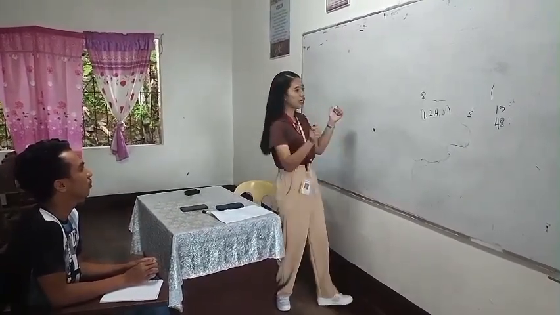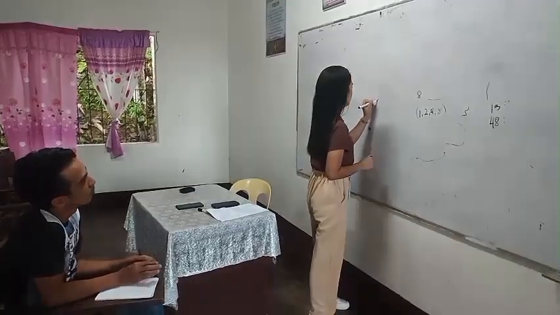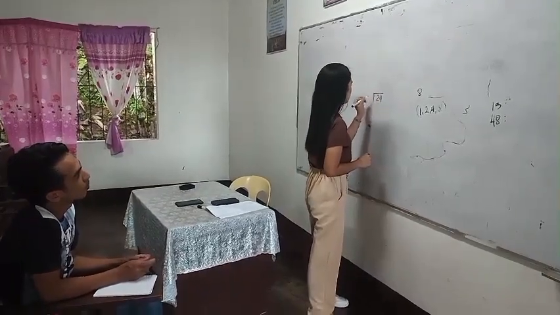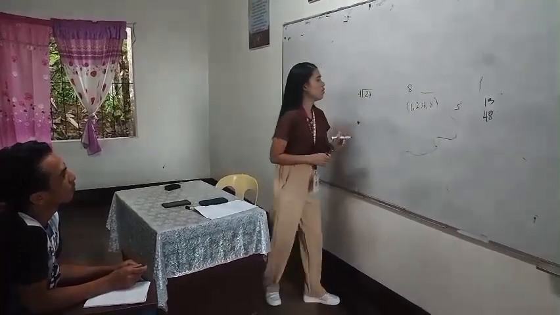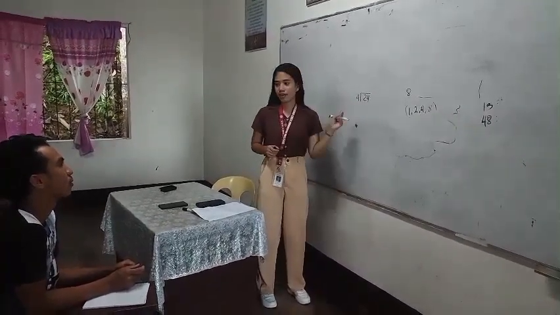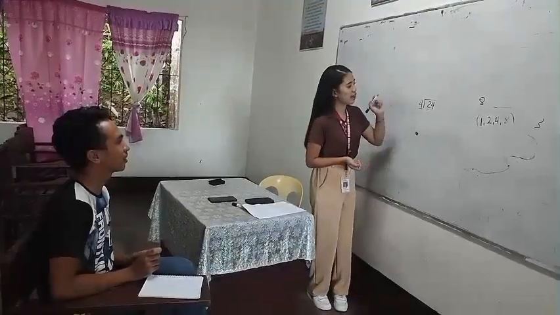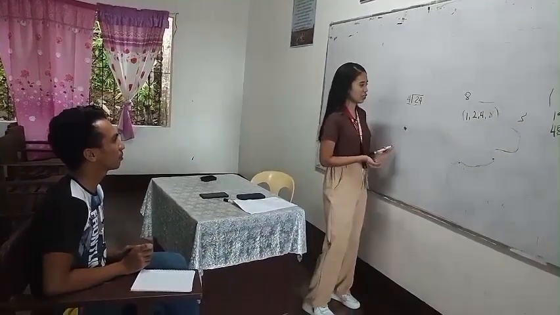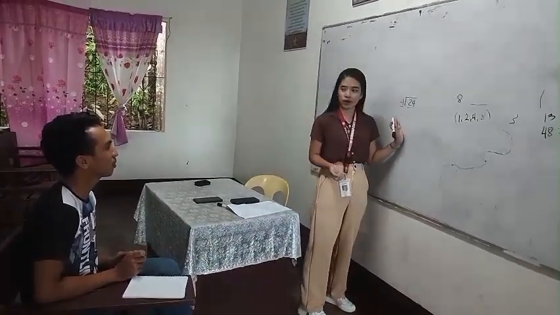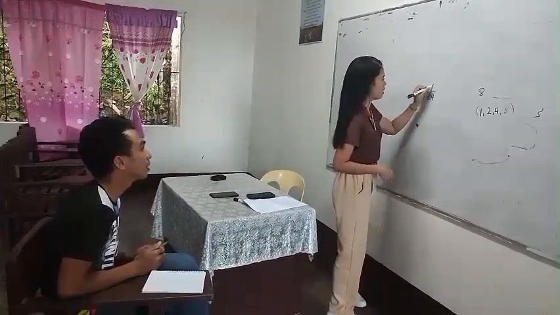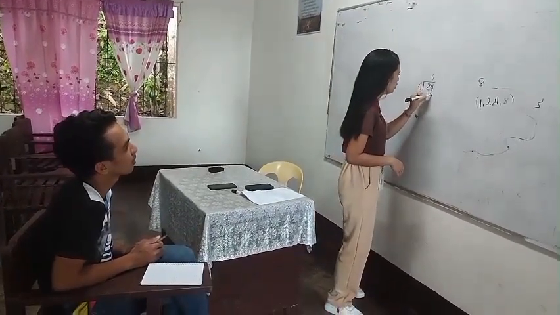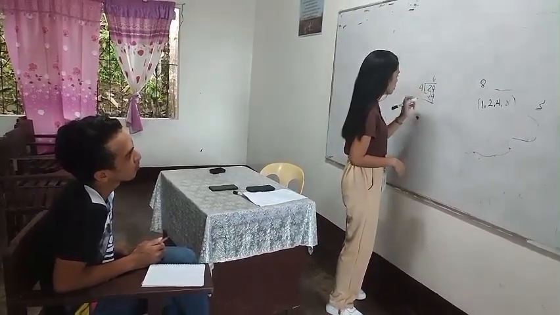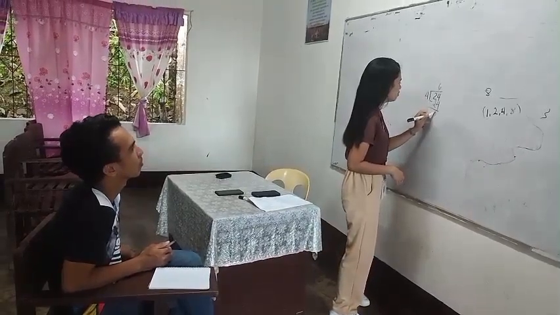So first, for example, 24 divided by 4. Now let's answer this question. 24 divided by 4, we have 6 and 24 minus 24 is 0.